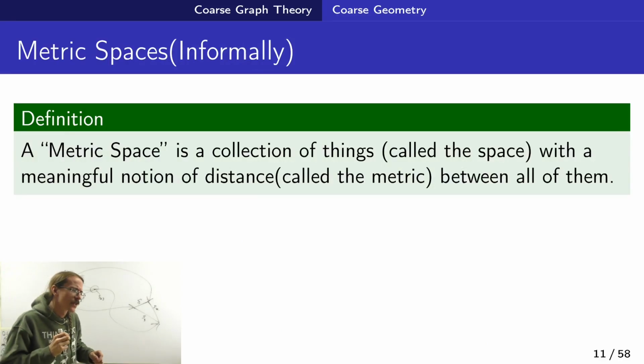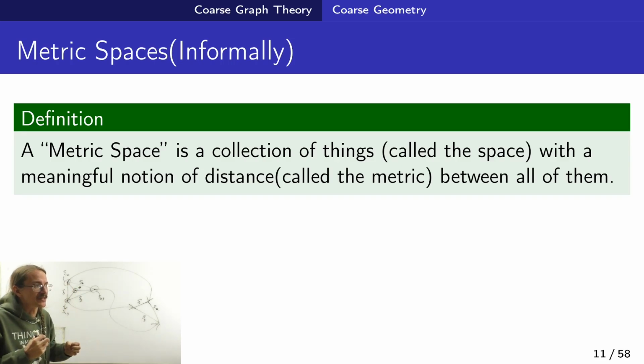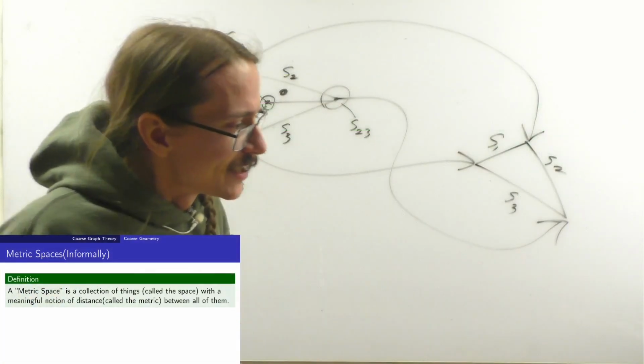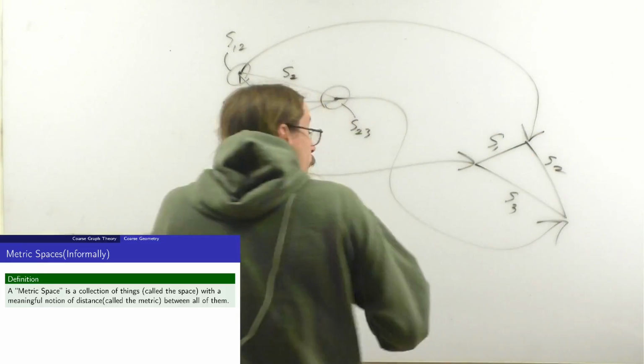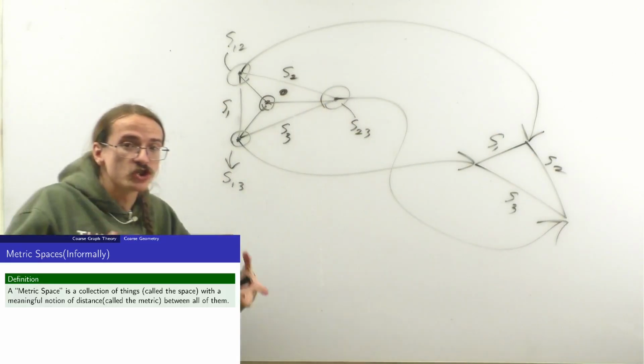Okay. I've done all this talking about isometries and distances because I want to talk about metric spaces. We're going to be talking about metric spaces for a while. We use isometries to study geometry.